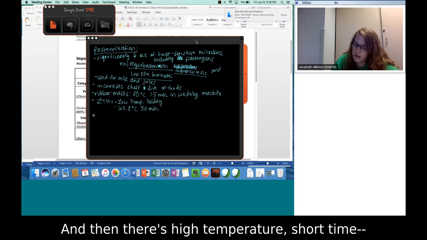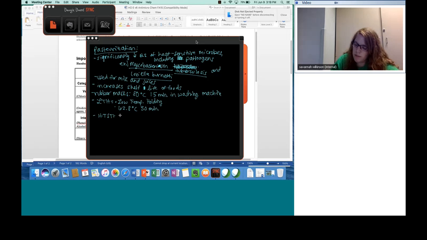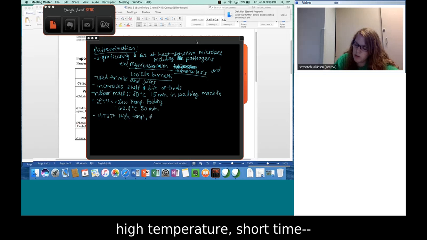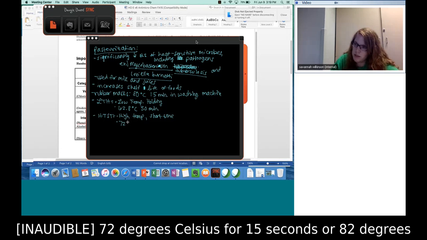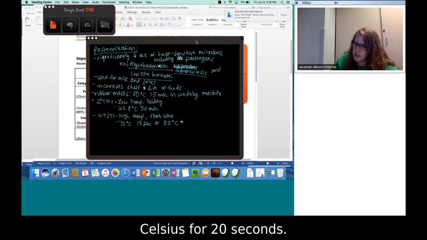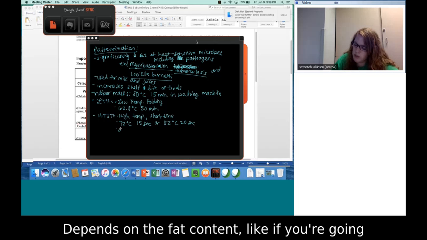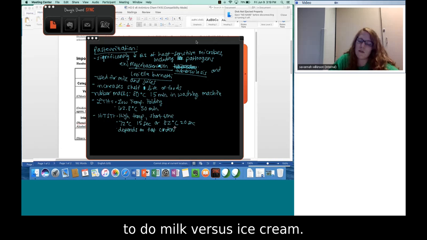Then there's high temperature short time: 72 degrees Celsius for 15 seconds or 82 degrees Celsius for 20 seconds, depending on the fat content, like if you're doing milk versus ice cream.